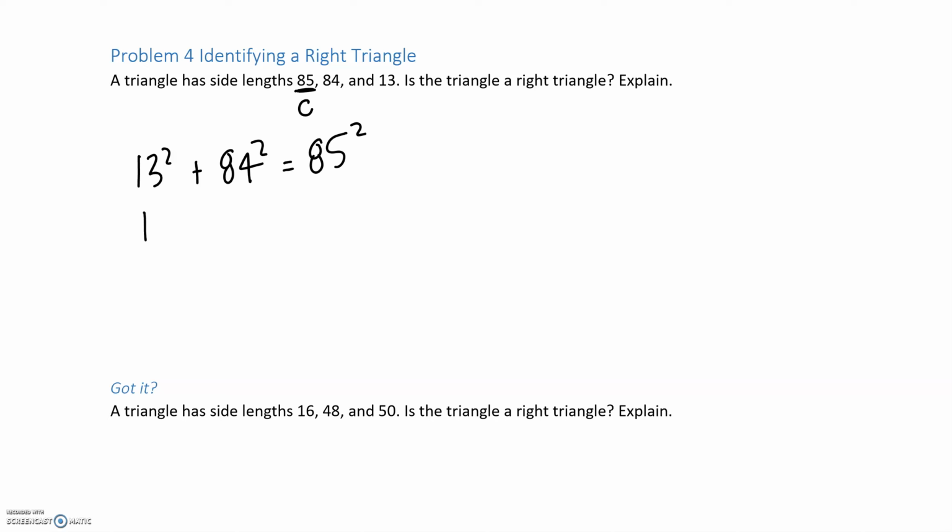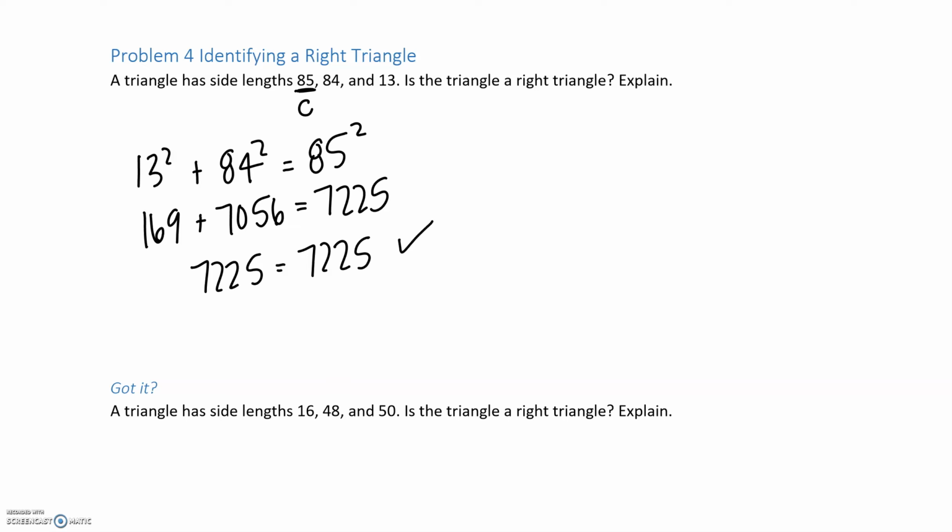So 13 squared is 169, plus 7,056, and that should equal 7,225. If we add 169 to 7,056, that's going to give us 7,225, which equals, so since it equals, that means that we have a right triangle.